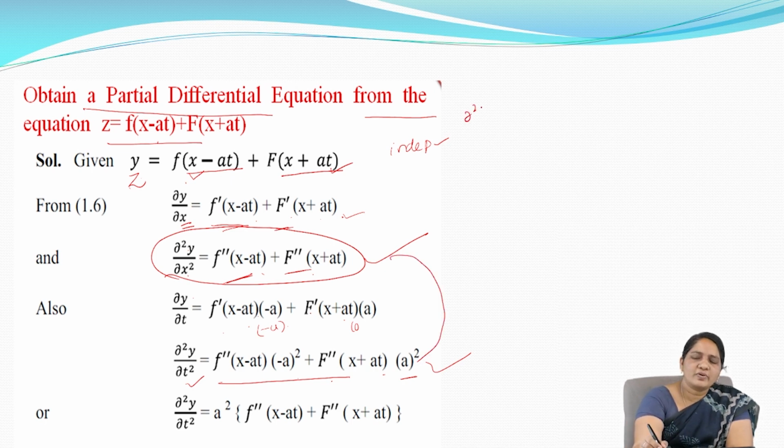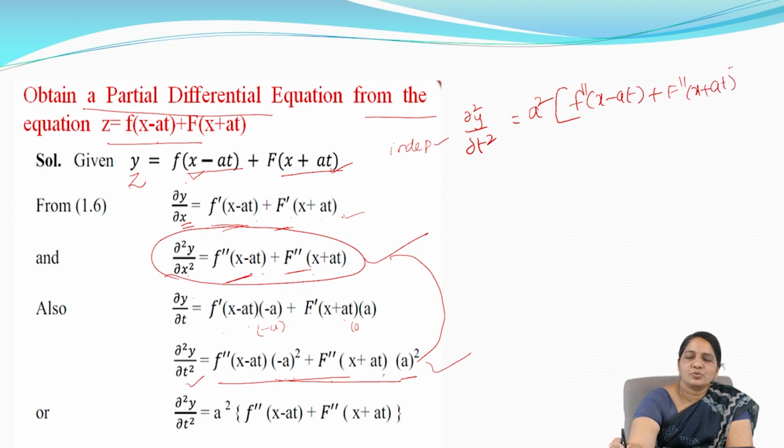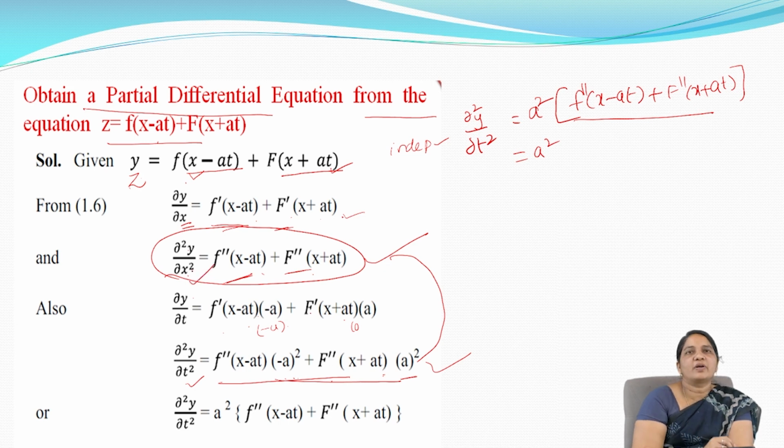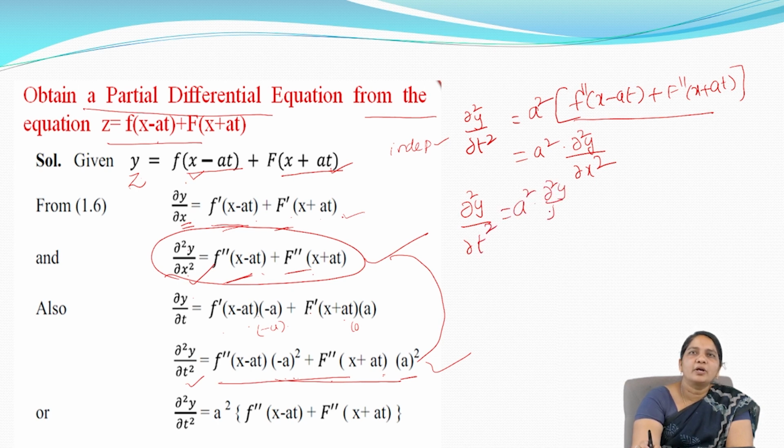So dou square y by dou t square equals, here I am having a square common in this equation. So take a square common, then remaining f double dash of (x minus at) plus f double dash of (x plus at). Already I am having this value, that is nothing but dou square y by dou x square. So in place of this I am going to use dou square y by dou x square. Finally I got dou square y by dou t square equals a square into dou square y by dou x square.